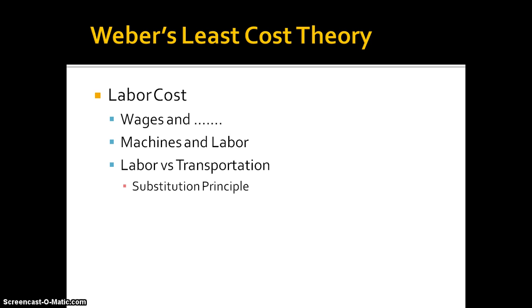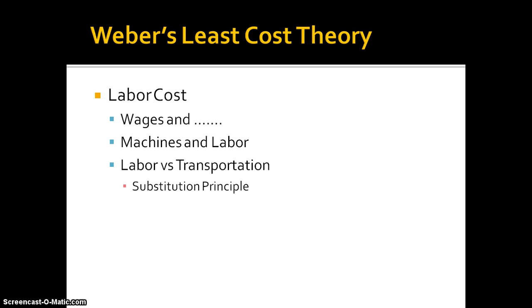So when we look at issues where companies might be considering moving somewhere so that they can lessen their labor costs, we look at something called the substitution principle. Basically, the substitution principle is when a company decides that paying higher transportation costs for lower labor costs is more beneficial to them. And so you see this with a lot of things like textile industries, things like the computer industry, having chips manufactured overseas.